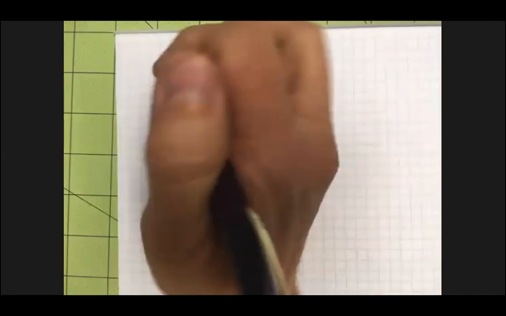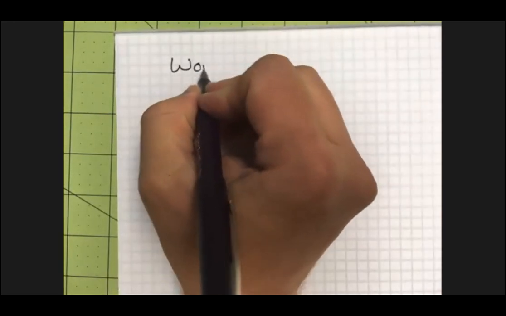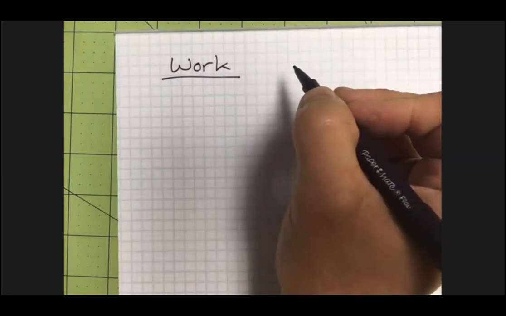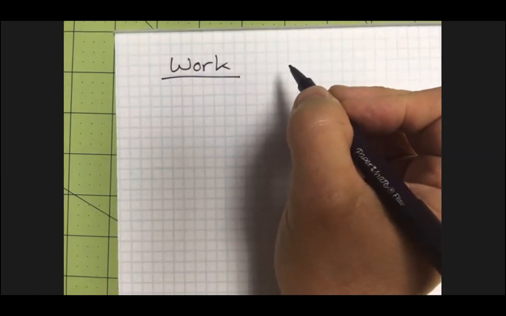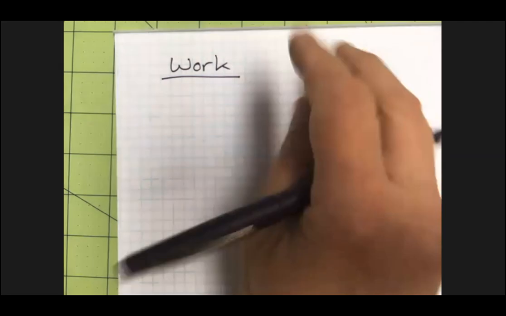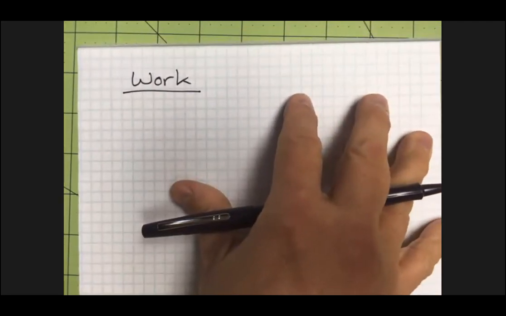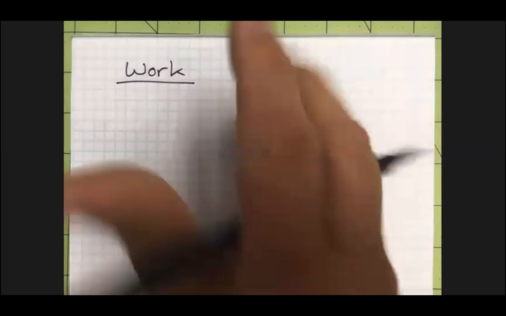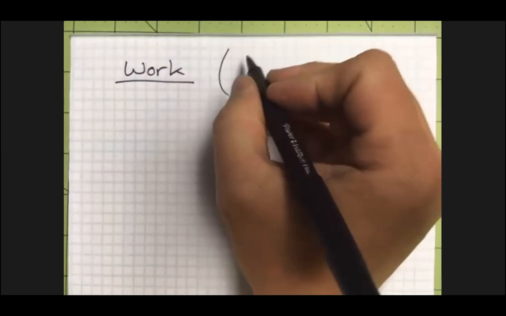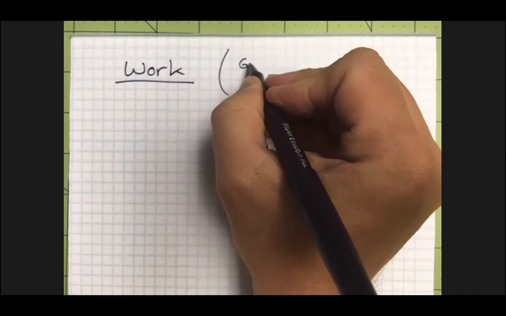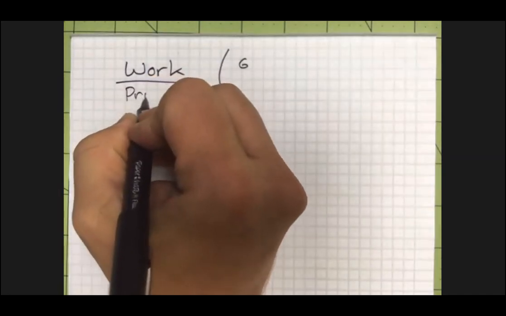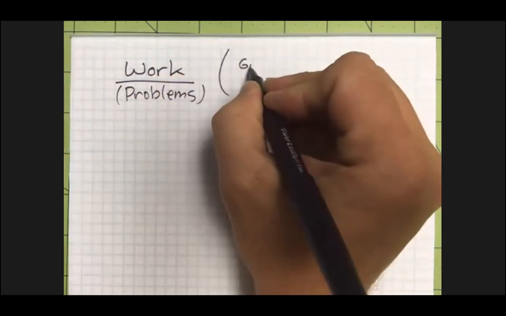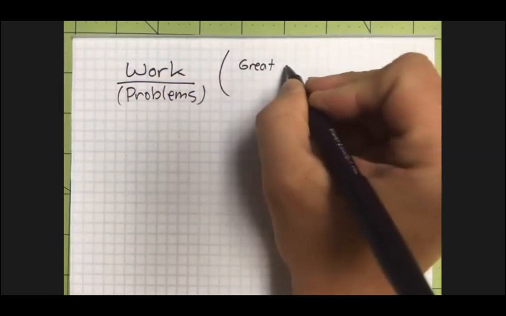But work problems are another example where you can use a rational equation to do something that sounds hard. These problems sound kind of weird, or like, how am I going to do that? But work problems, this is a great way to use rational equations.